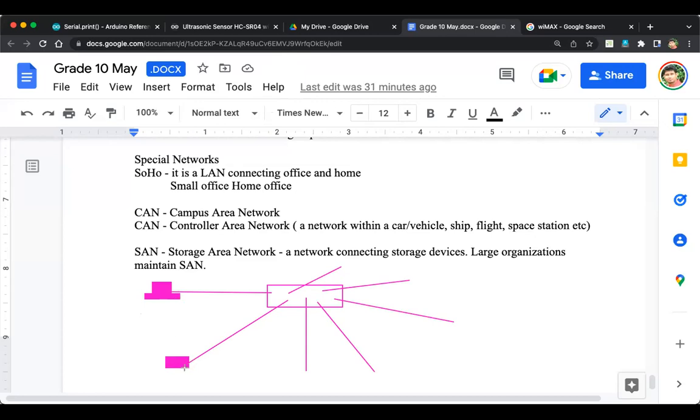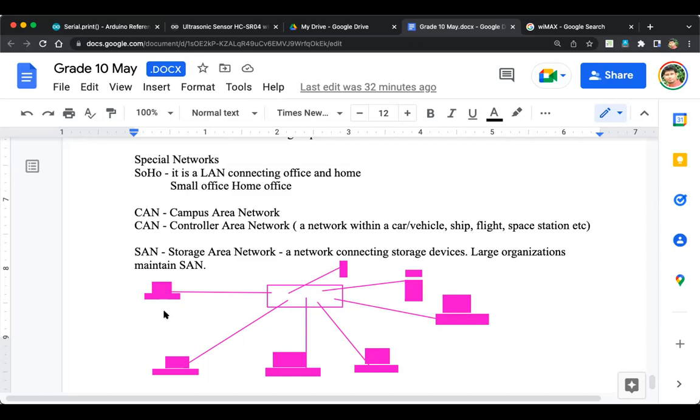This is what is called a star topology, but we'll learn that next day. These are the computers or stations connected to this. You have mobile phones and different devices connected to this too.